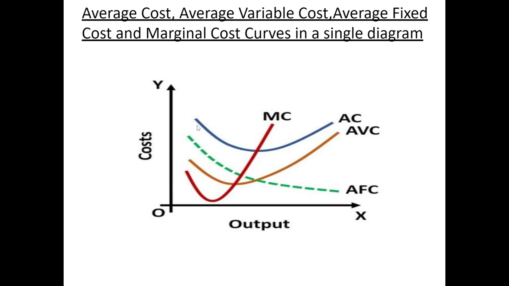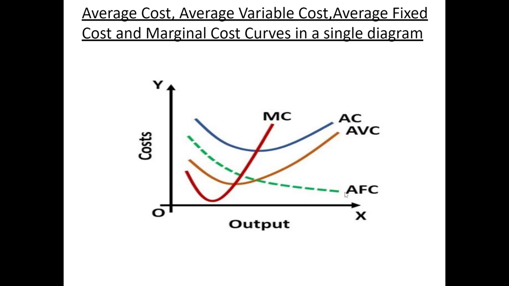The gap between average cost and average variable cost is maximum towards the left, while it keeps on declining as the output increases. This gap is equal to the average fixed cost.